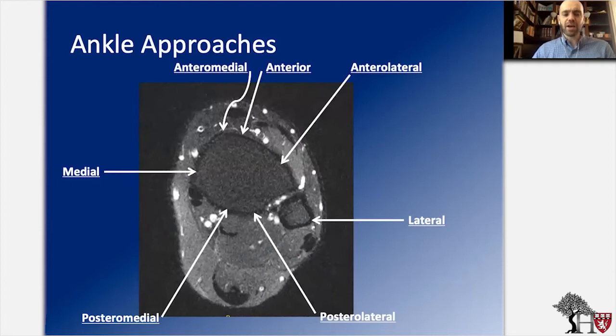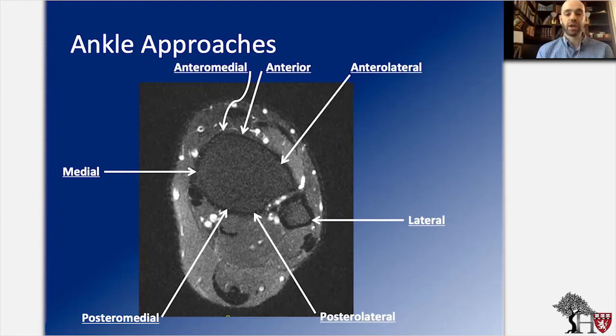I start with this slide, and I think this is probably the singularly most important slide in the presentation, which is a little bit counterintuitive because this is a picture of an ankle that actually is not fractured. The reason I bring this up is because when it comes to orthopedic surgery, and it doesn't matter what part of the body you're talking about, your success and your ability to help a patient is predicated on your knowledge of anatomy.